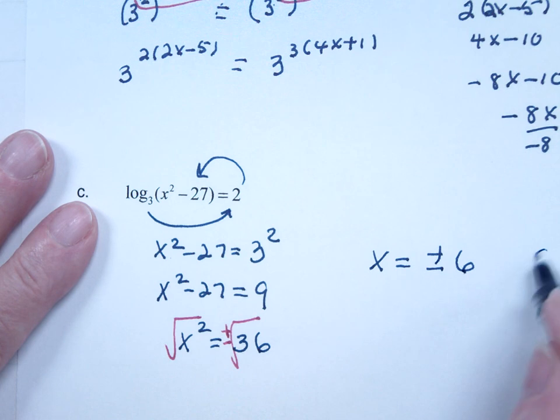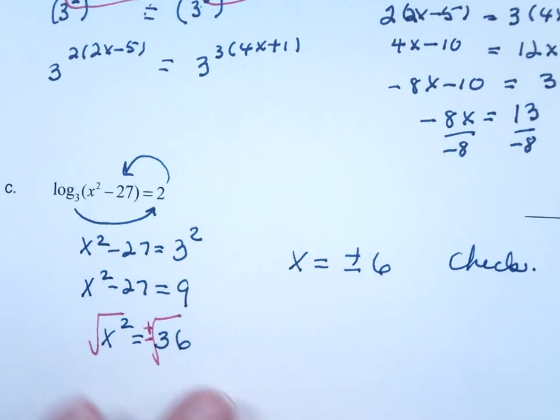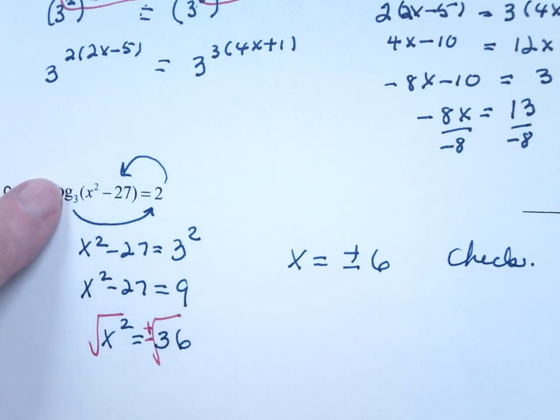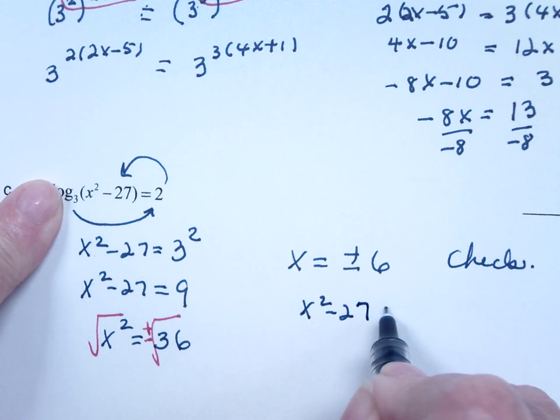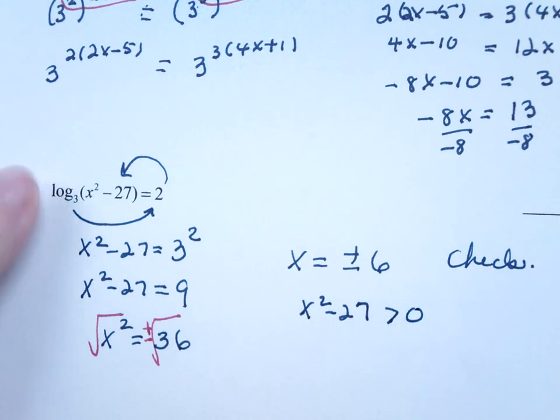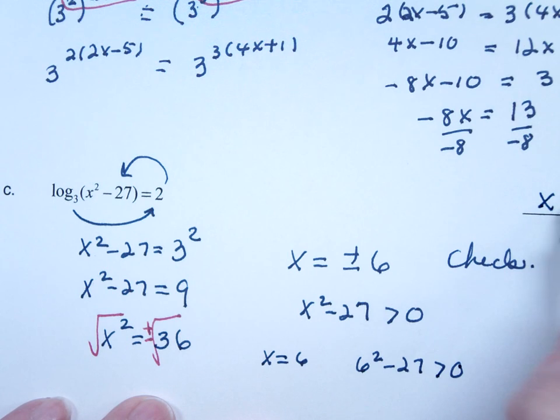Now I need to check, because this is a logarithm, and my issue is x squared minus 27 must be positive. I can't take the log of a negative number. So if x equals 6, 6 squared minus 27, well, that's positive, so that's one of them.